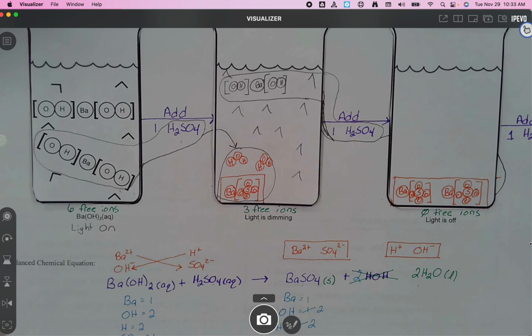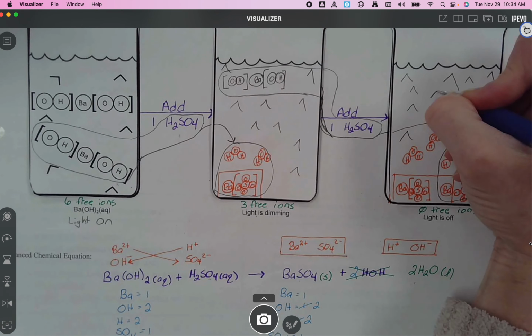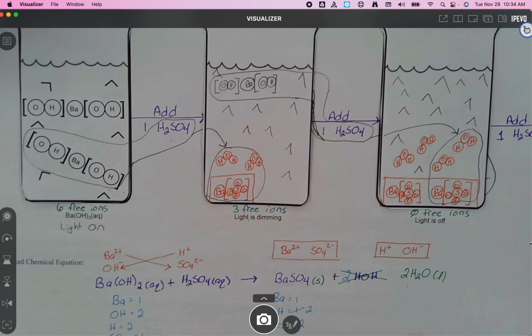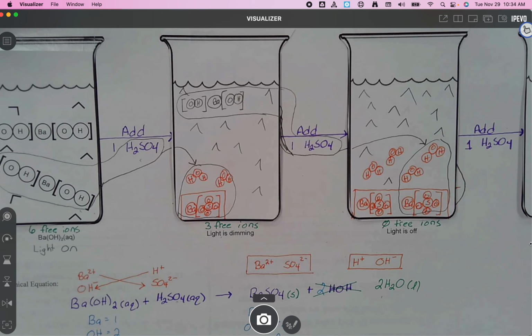No more leftovers, except we do need to move all these water molecules and add a few extras. 1, 2, 3, 4, 5, 6, 7, 8, 9, and a few extras. And so that was the just right amount of sulfuric acid. We were able to use it all up. And now that stuff that was conducting electricity is all gone. And so there's no more electricity able to be conducted.